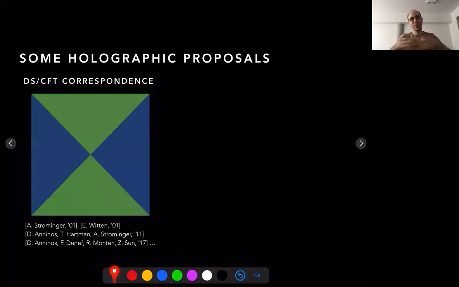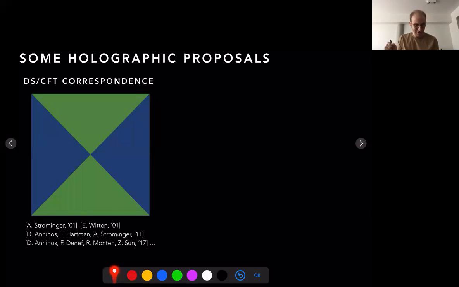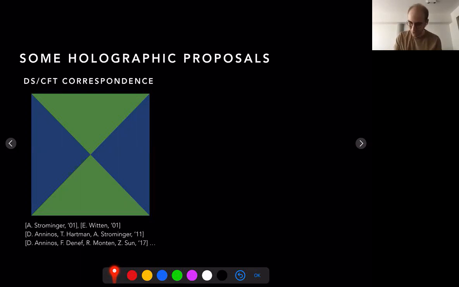That's the only place where de Sitter gets infinitely large. And then there were some more concrete attempts at it by these people. And let me remark here one of our members, Dio Anninos, that is in the audience. So if you want to talk about this dS/CFT, you can ask him maybe during the discussion or afterwards.